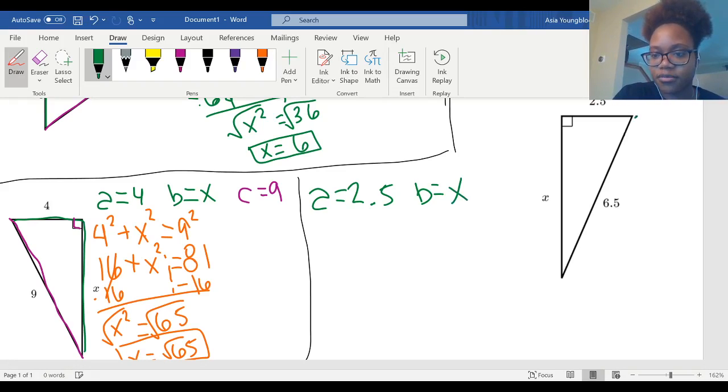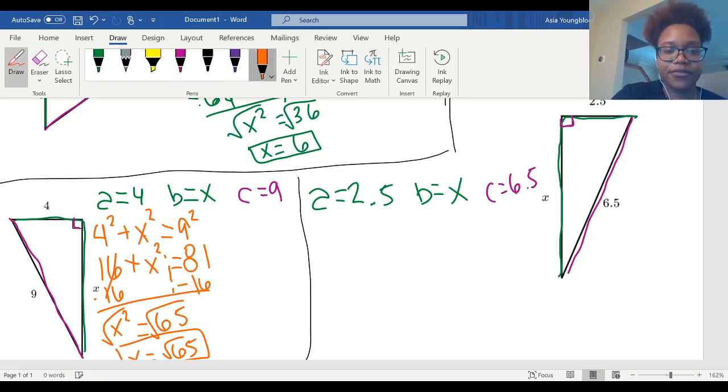Again, that's because these two sides form the right angle. And then our hypotenuse is the side across from the right angle. So C equals 6.5. Our formula is going to be 2.5 squared plus x squared equals 6.5 squared.